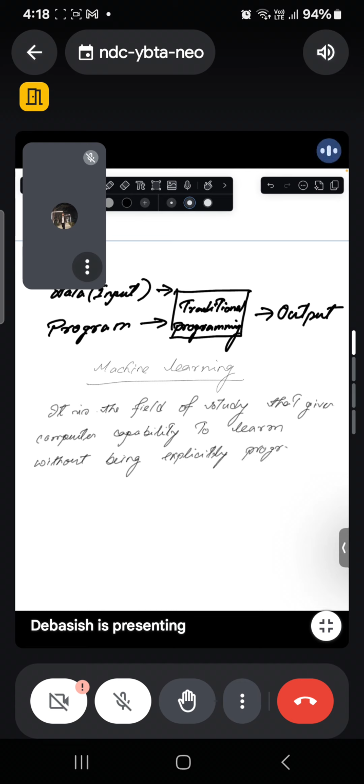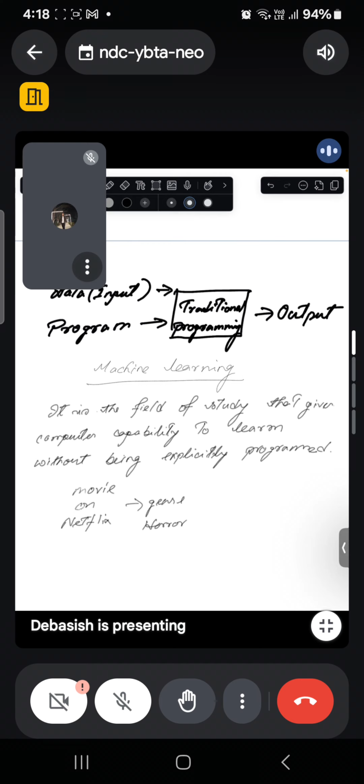So I will give you an example. Let's consider we watch a movie on Netflix, and it's a horror genre movie. Netflix will think that you will watch another horror movie.